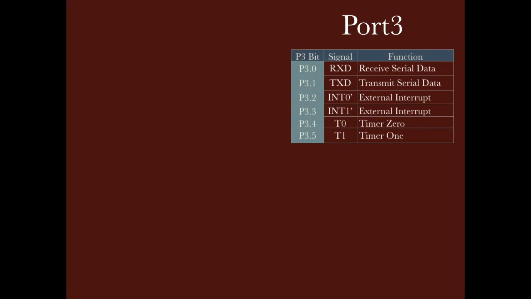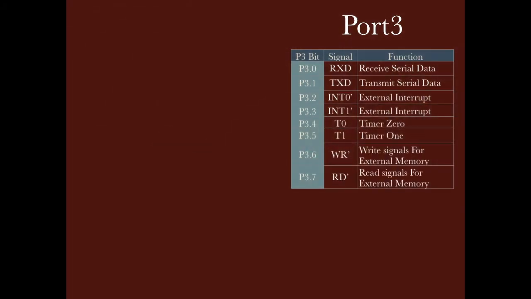Then the next 2 pins are used for the clock input of timer 0 and timer 1 when these timers are used as counters. And pins 3.6 and 3.7 are used as read bar and write bar pins when we are using external RAM.